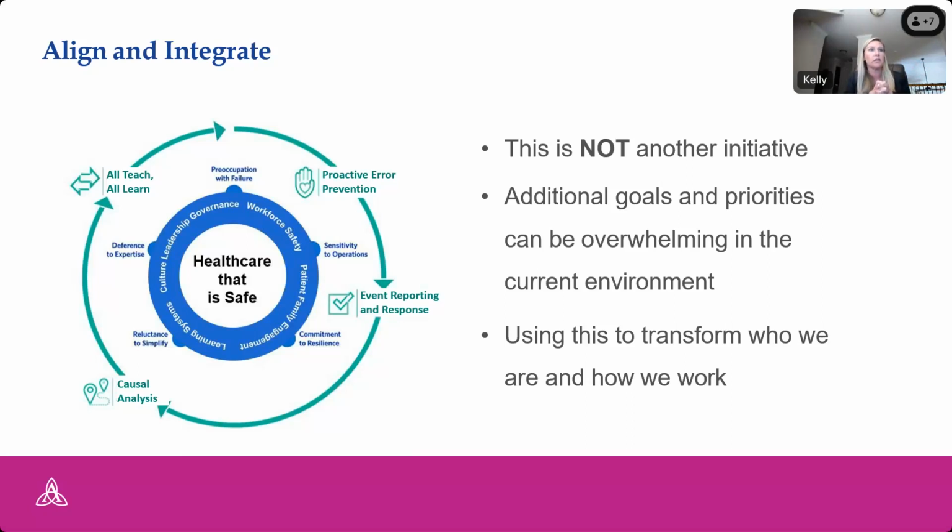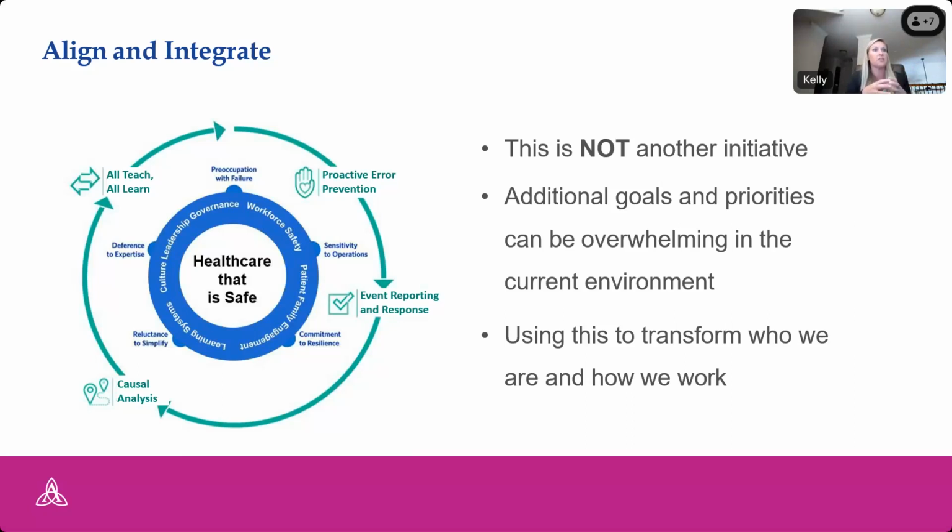What we inserted into this graphic as we took on this journey was that blue bar in the center that said we not only need to ground our program in high reliability theory, but we also need to ground it in the 4 foundational elements of the National Action Plan.